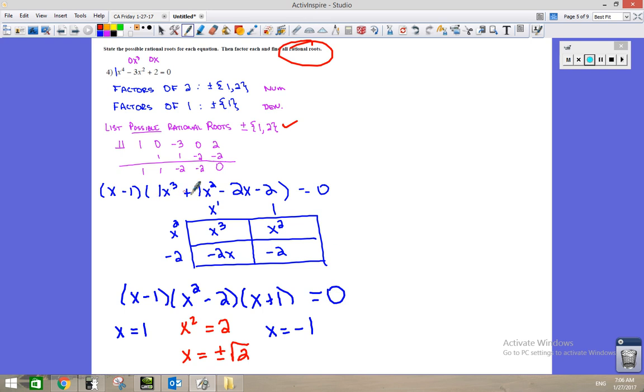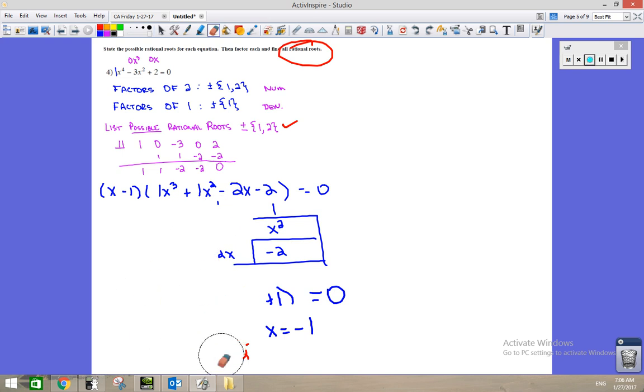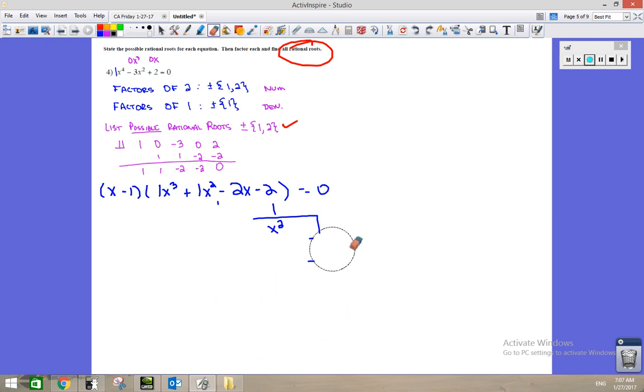Now, I noticed that I could factor with a table. If you had not noticed that, and you're looking at this and saying, how can I factor this if I don't notice? Well, you still have this rational root theorem. Remember that this list will only get shorter. It won't be added to.